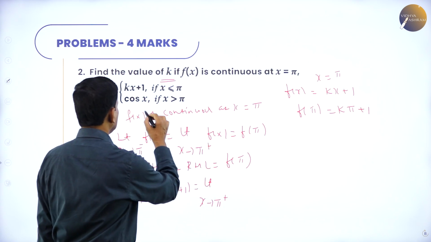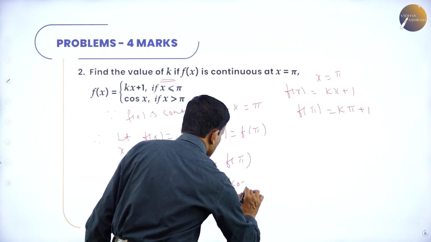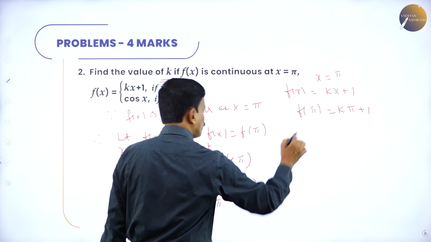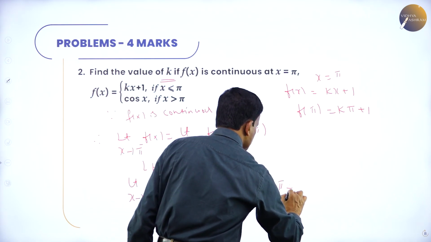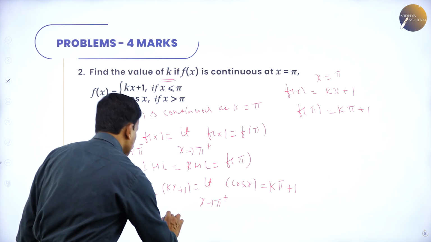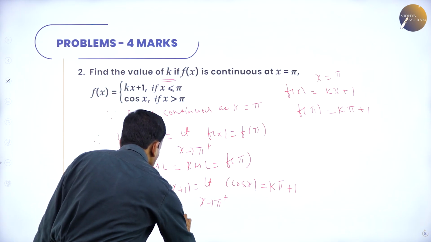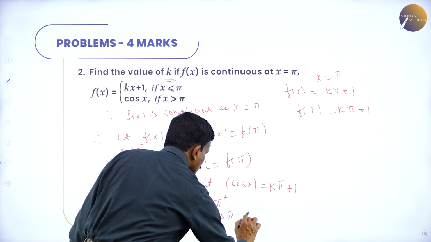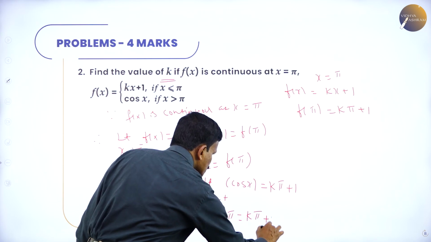If x is greater than pi, f of x is cos x, and functional value at x is equal to pi, f of pi is equal to k pi plus 1. So, just substitute the value of limit, put x is equal to pi, then this becomes k pi plus 1 is equal to cos pi is equal to k pi plus 1.